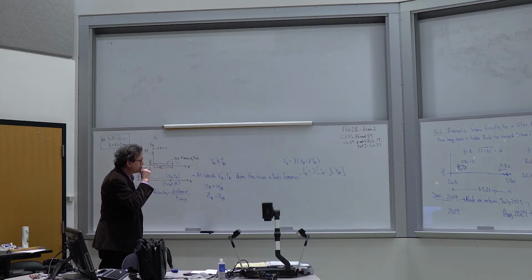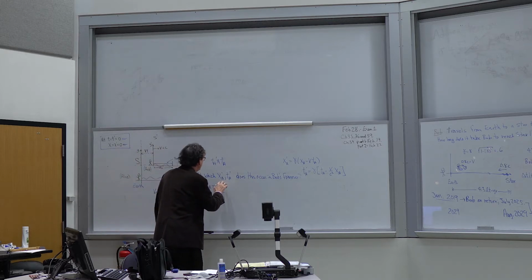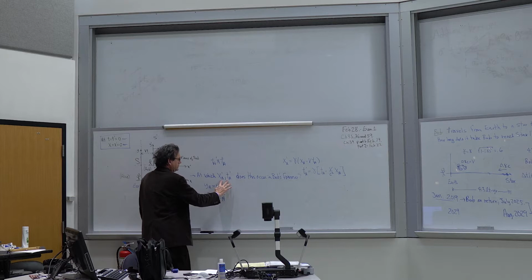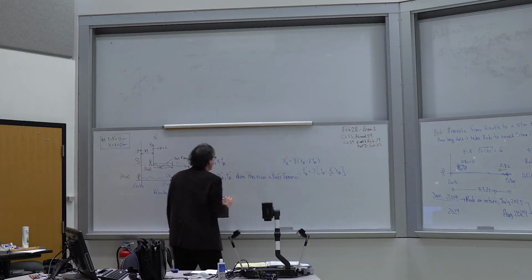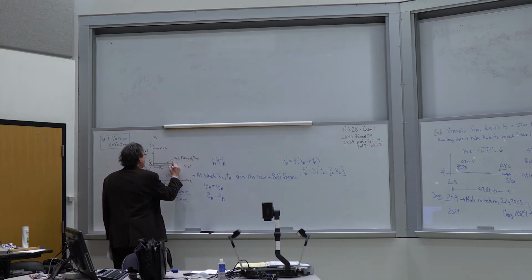The other thing to keep in mind is that this answers the question: at which XA prime, TA prime does this occur in Bob's frame? But I could equally well take the other point of view and say, what if I know the coordinates at which an event occurred? We'll use the same one.